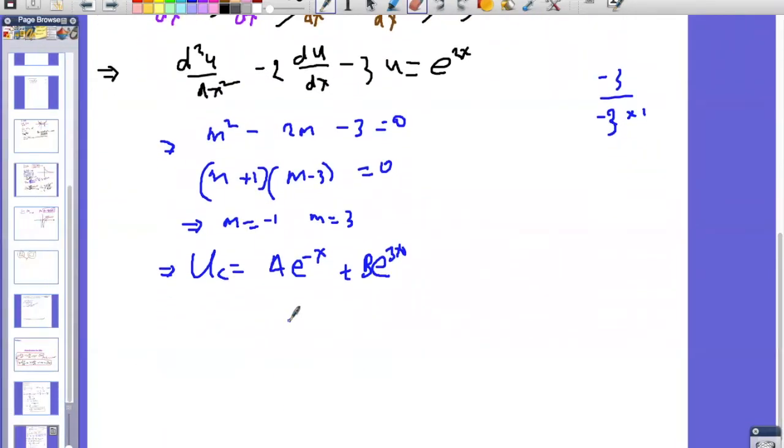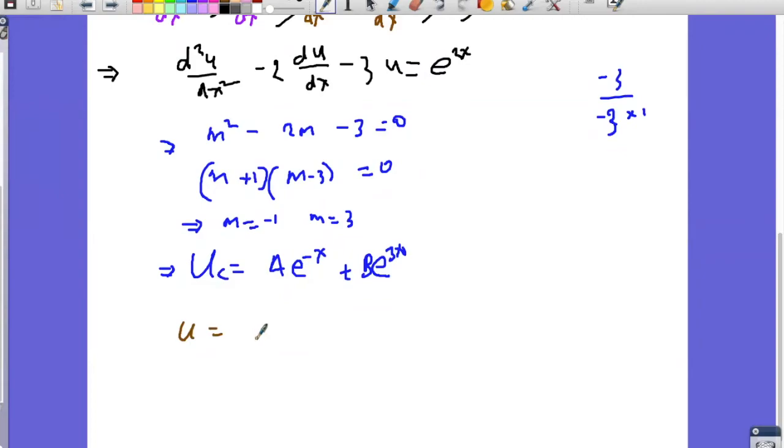And then we look for our particular integral. Since this is e raised to the power 2x, we will make u equal c e raised to the power 2x.